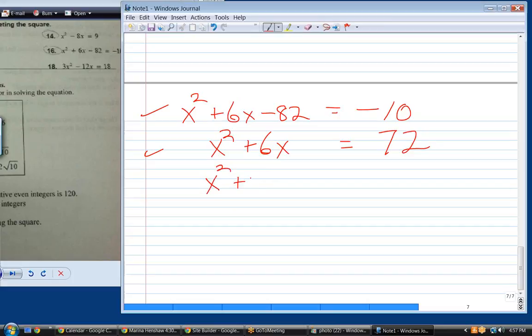Find half of the coefficient, then square it and then add it. Okay, so it'd be 9. I'm going to add 9 to both sides of the equation. Now what's the next step?